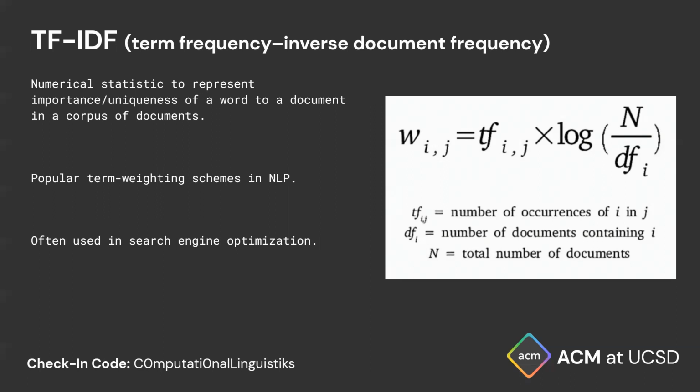So this is often used in search engine optimization, so that when you search for a term, you retrieve documents that are relevant to it. It's often used in search because you want texts that don't have a ton of repetition and unnecessary phrasing.